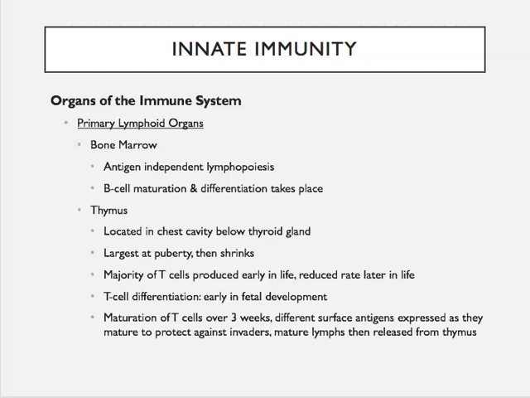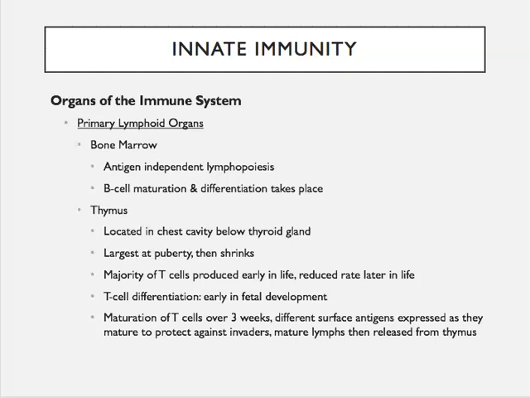So your secondary lymphoid organs include the spleen, lymph nodes, appendix, and other different types of mucosal associated lymphoid tissues or MALT. The primary and secondary organs are differentiated according to their function in adaptive and innate immunity.